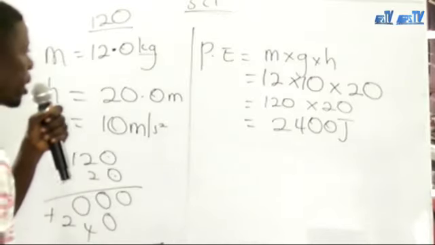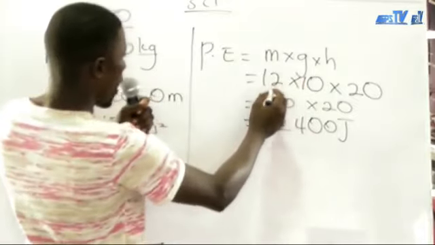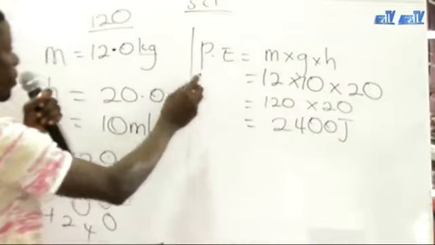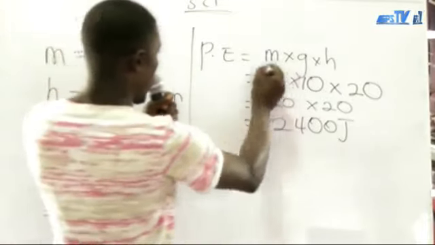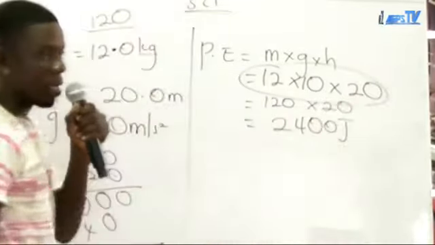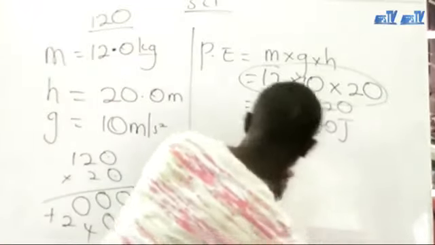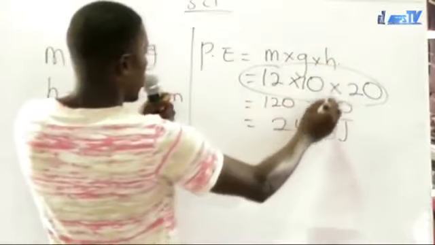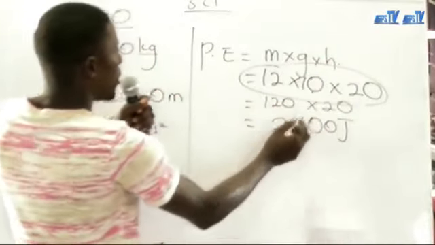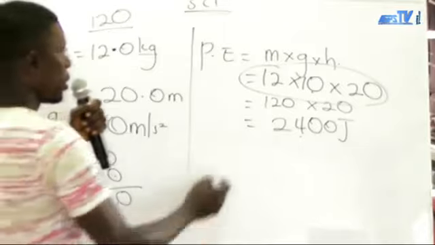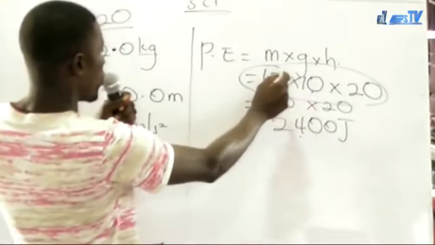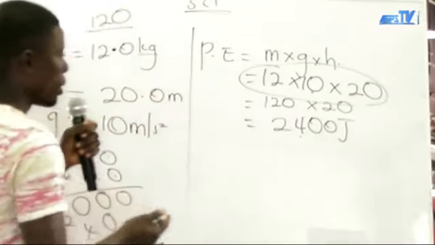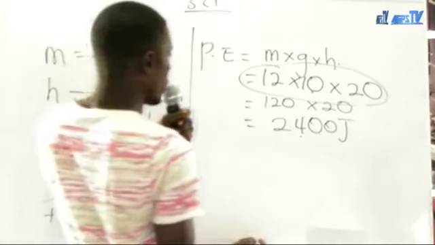If you write 12 times 10 times 20 without writing the formula for potential energy, they will just circle it like this. They will not mark it for you. The examiner will look for this formula before the figures and the final answer. So writing down the formula is very important, and you put in the figures, then you go. The final answer is 2,400 joules.